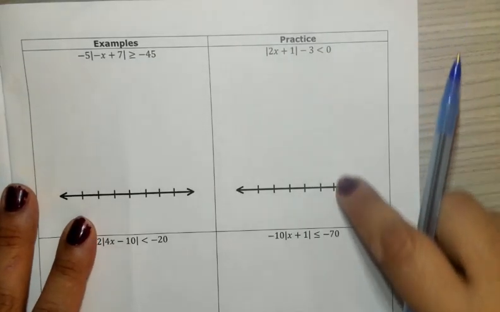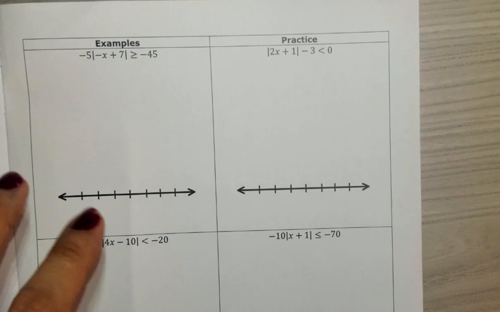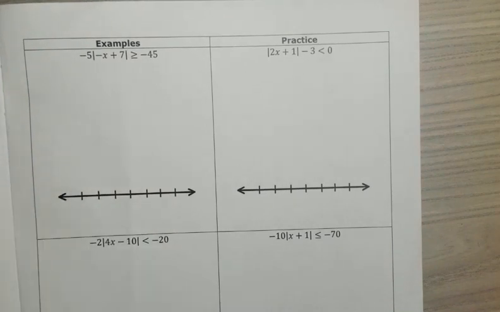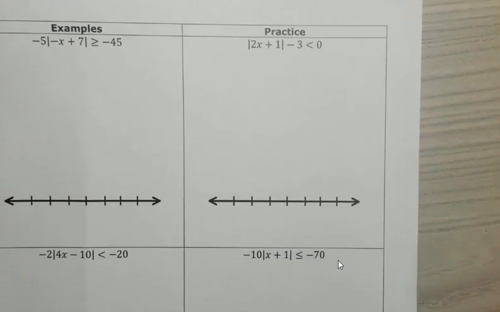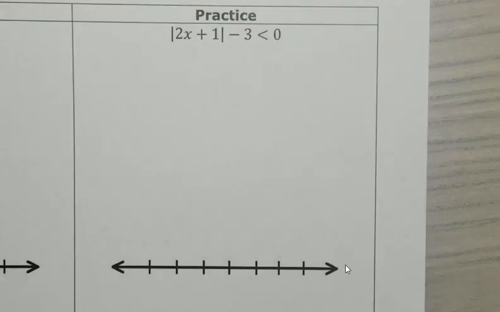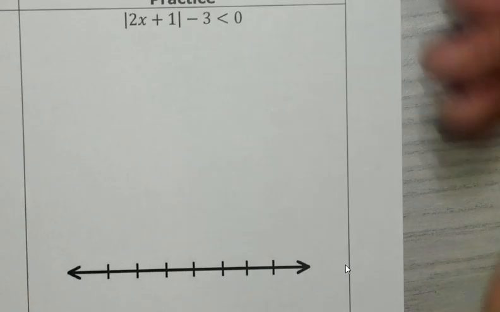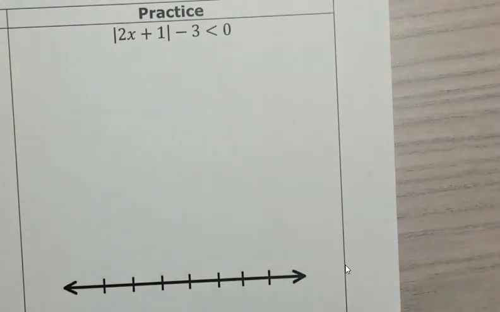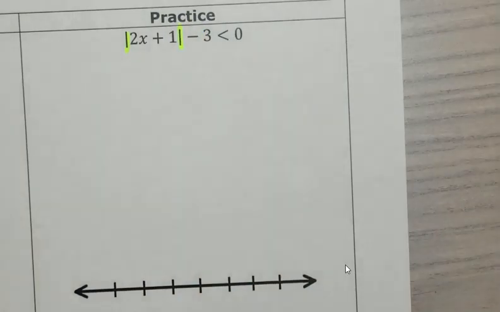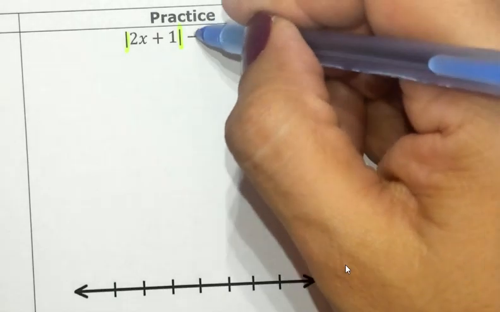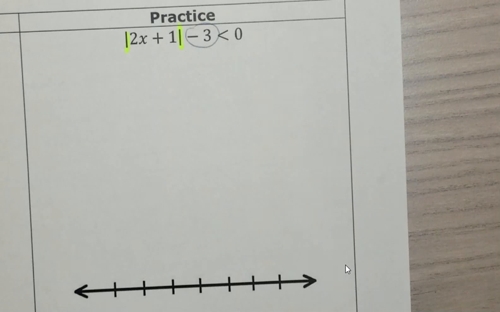All right, let's do three examples. I'm going to go over the practice examples since we already went over the examples on the left side in class, so I want you to have an opportunity to see how to do these. We ask ourselves if the absolute value is isolated. Right now it is not isolated because it has that minus 3 afterwards.